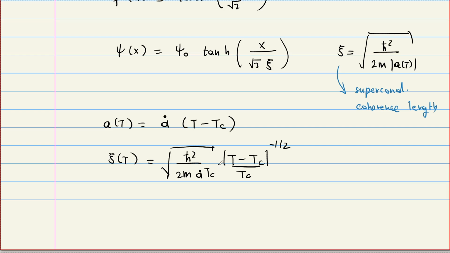This thing I'll call some constant psi naught, and this object we call the reduced temperature, little t equal to (T minus Tc) over Tc.